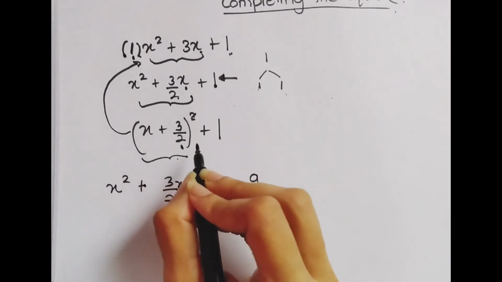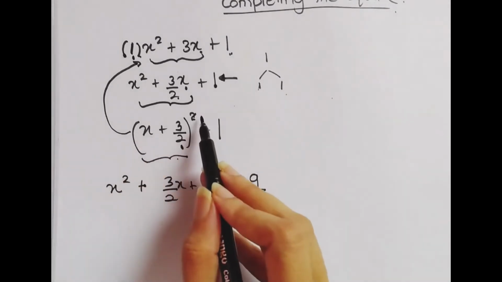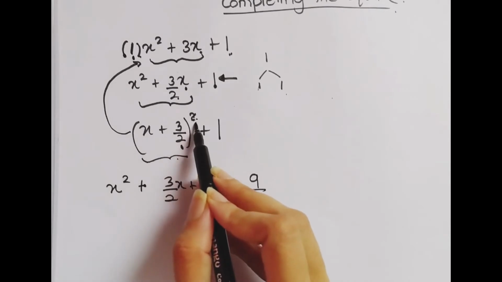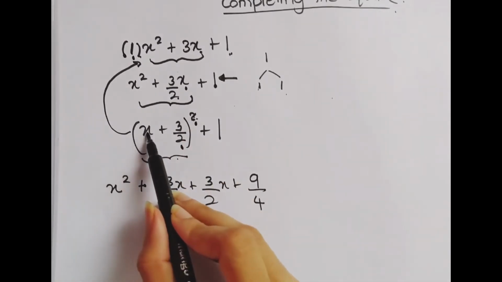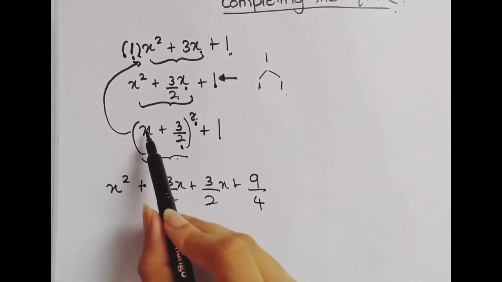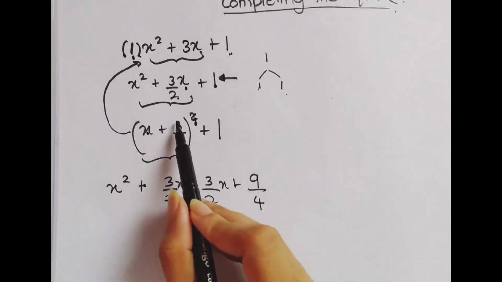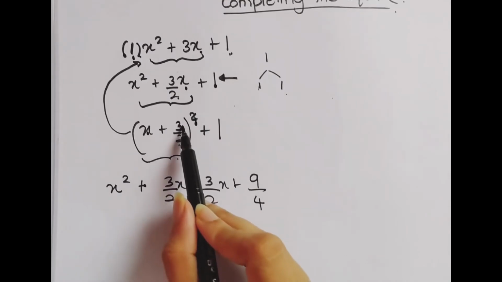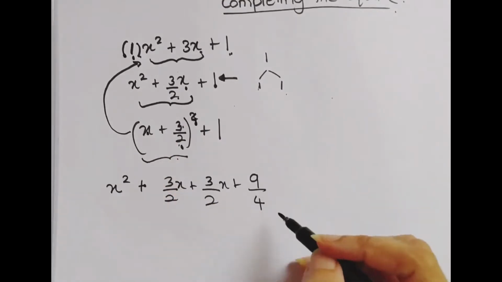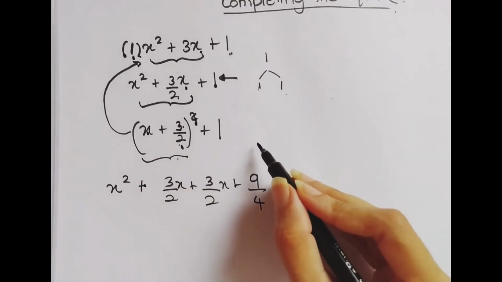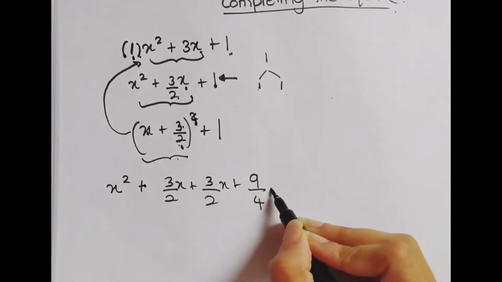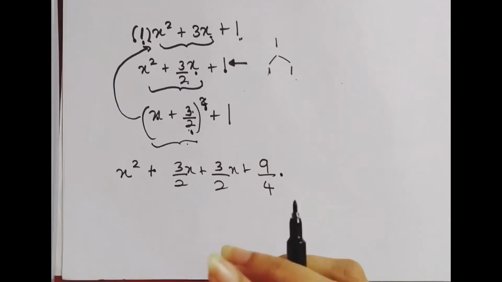You know that there's a shortcut method to expand when there is a power 2 like this. That is x squared plus x times 3 by 2 multiplied by 2 plus the square of the constant 3 over 2. So you can expand it in that way, or else you can do it the normal way, that is something like this.